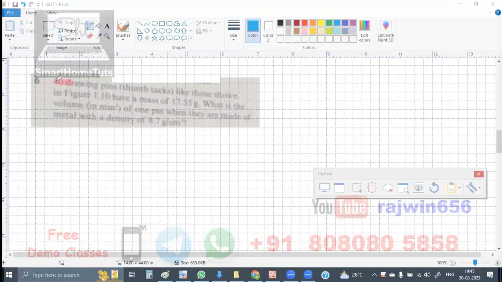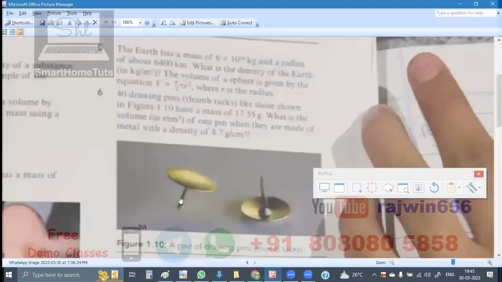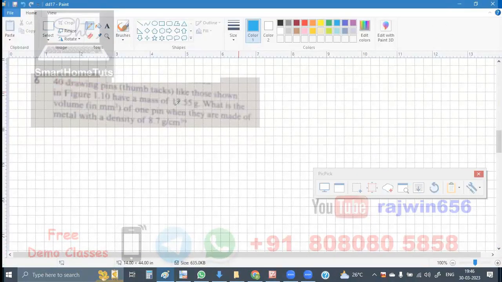40 drawing pins, that is thumbtacks, like those shown in the figure 1.10. Okay, this is the figure that is shown. Have the mass of 17.55 grams.